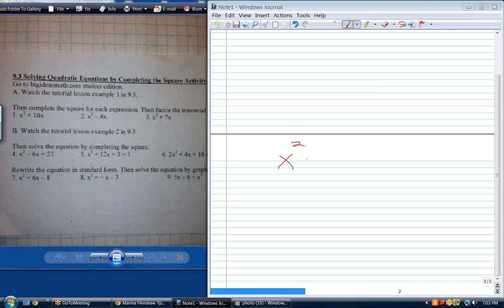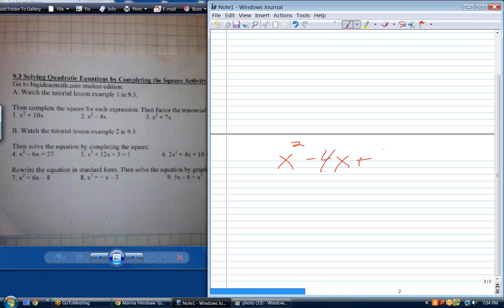So here, complete this square. It'd be plus 4, and you always add it.